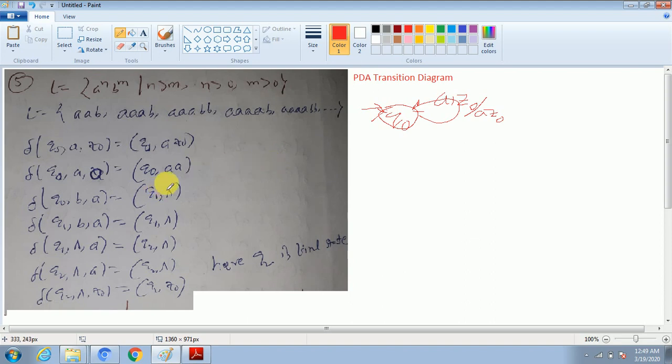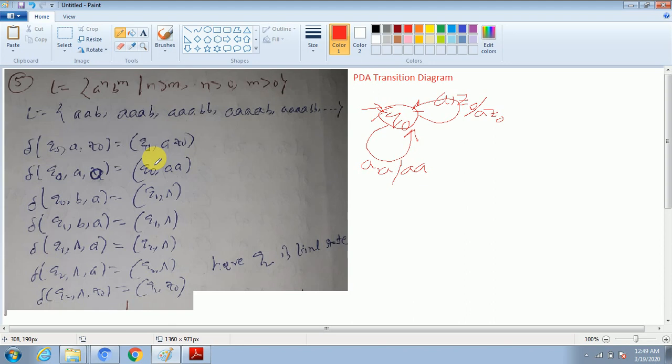So consider the second function: Q0, coming input is A, top is A, and it still goes to Q0, meaning a self loop. At Q0, the coming input is A, top is A, and the top is modified as double A.